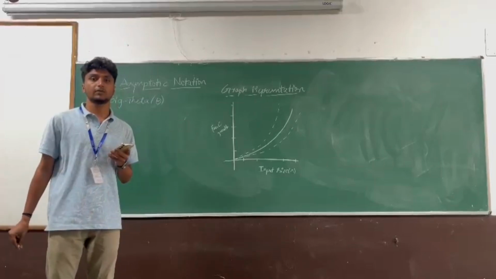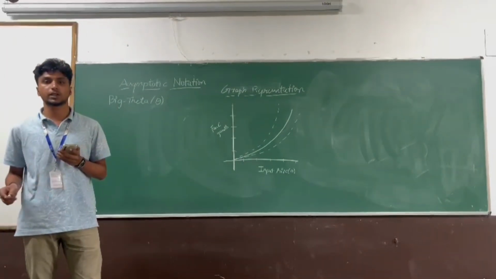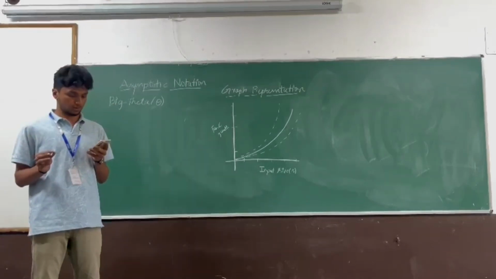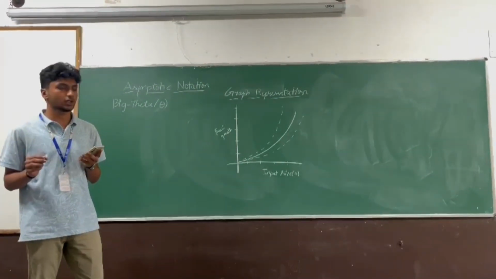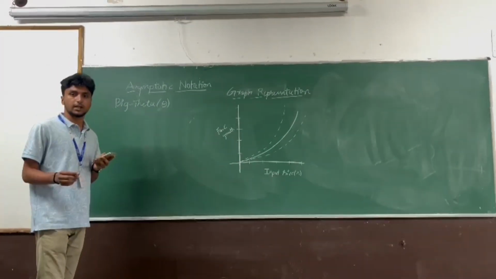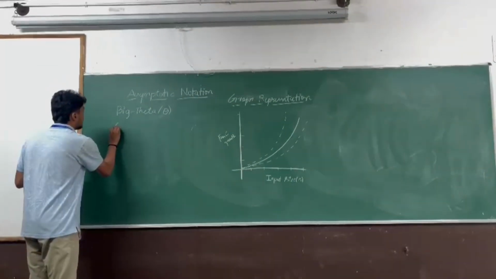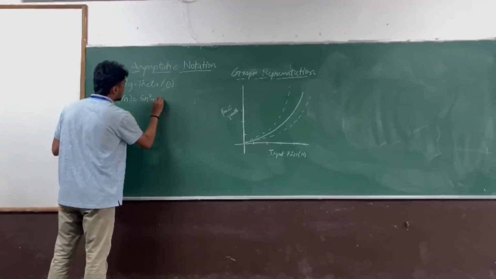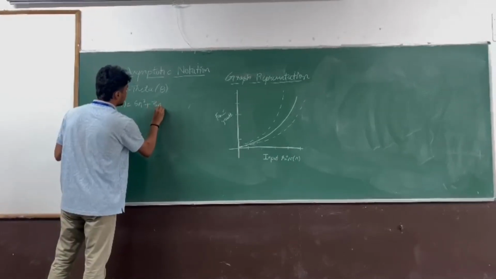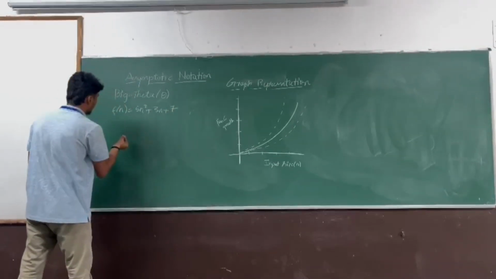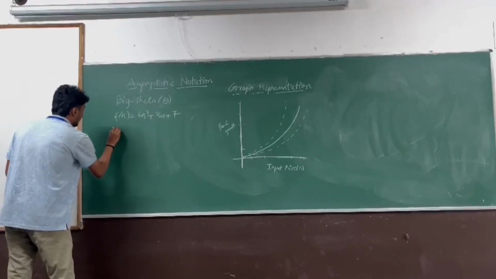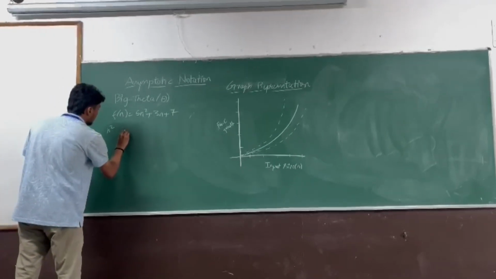And here in big theta, it shows both the best case and the worst case of an algorithm, which means that the algorithm will be within a specific range of speed. If I take a function f of n is equal to 5n square plus 3n plus 7, here if you take the larger value, that is n square, it dominates.